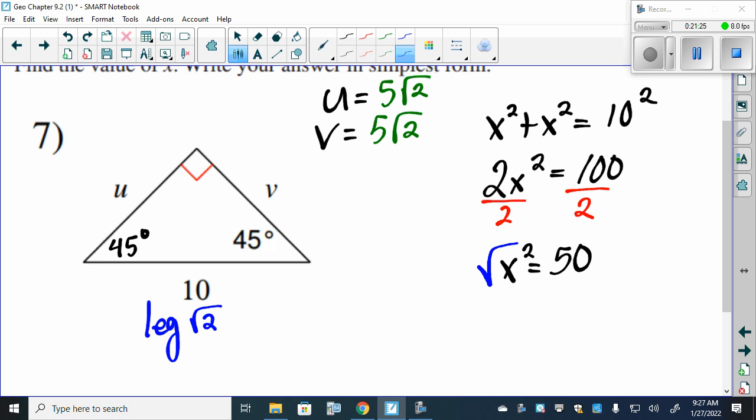Find the square root of both sides. So x is equal to 5 square root of 2, which means u and v are both 5 square root of 2. Any questions on this here so far?